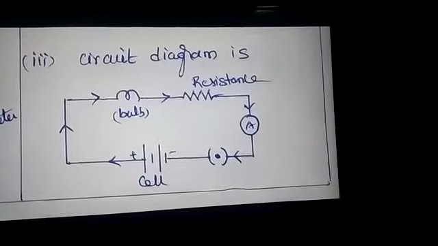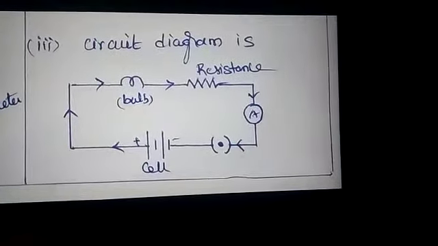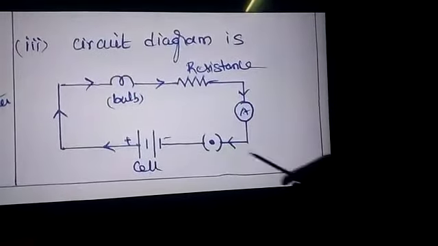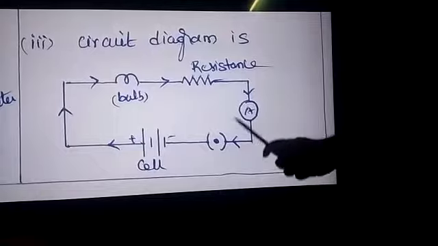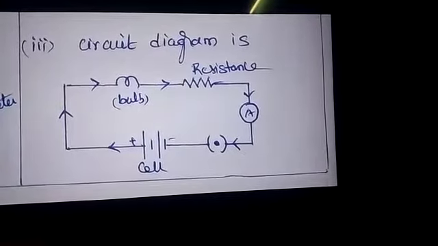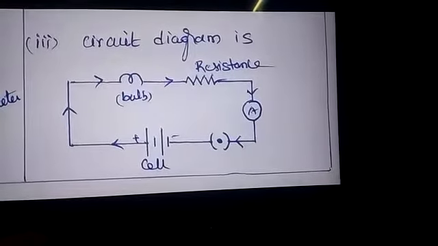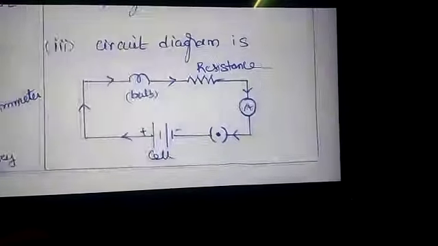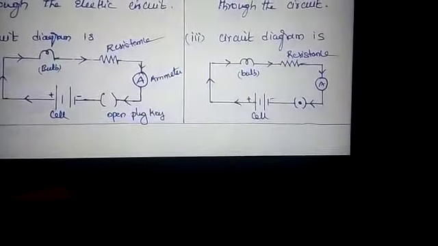The current flows from positive charge to negative charge. When the dot is here, current flows continuously through this circuit. That's why it is called a closed circuit. So these are the two differences between the open circuit diagram and the closed circuit diagram.